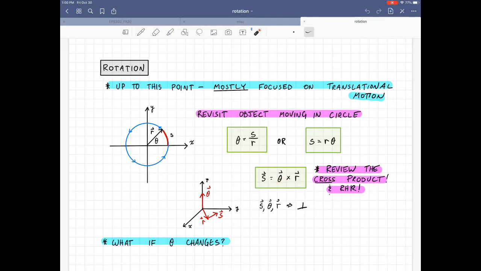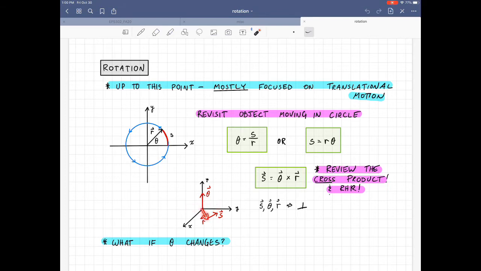In my picture down here, I've got my traditional XYZ coordinate system, and a visualization of the directions of our theta vector, the r vector, and the s vector. This is a 2D picture, so you can think of the x and y plane here, where my circle was. r points out towards the location of the object, that position vector, from the center out, and that vector could swing out anywhere in the xy plane.